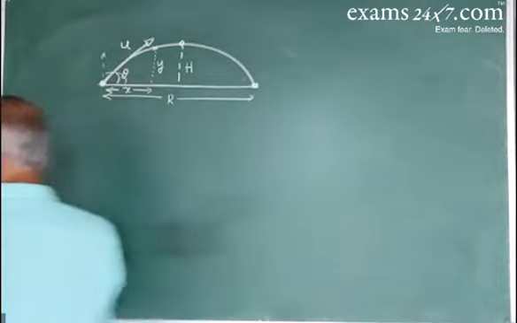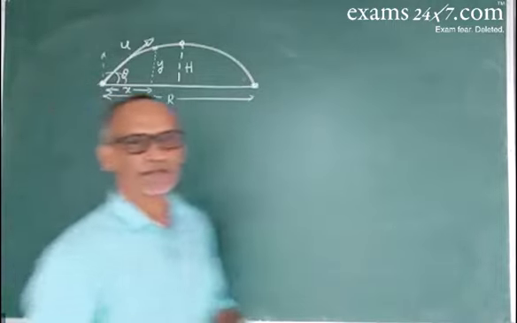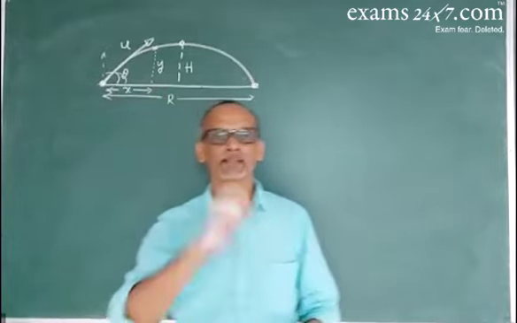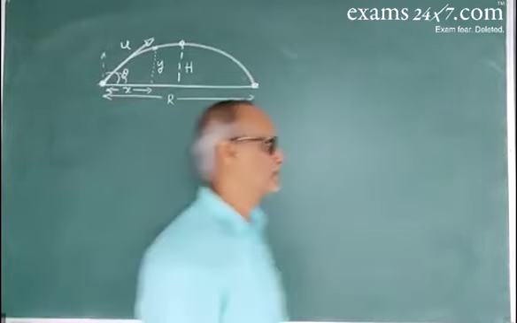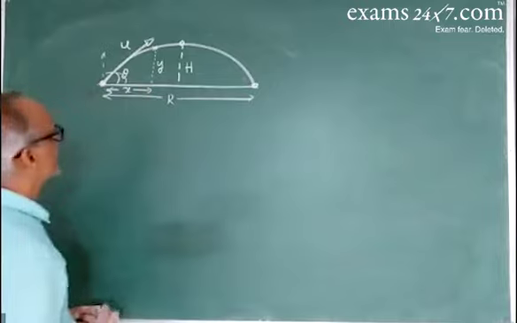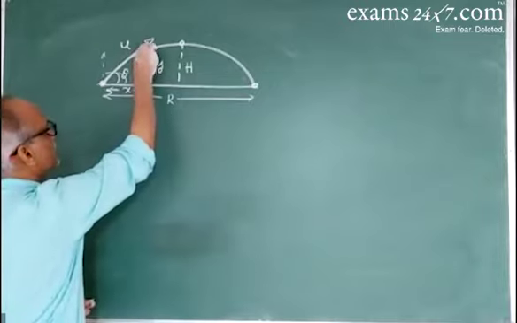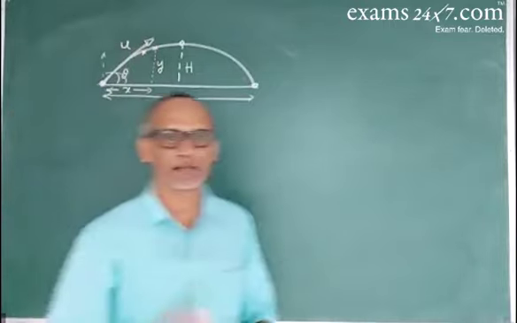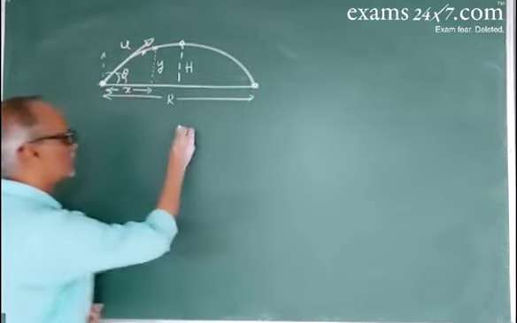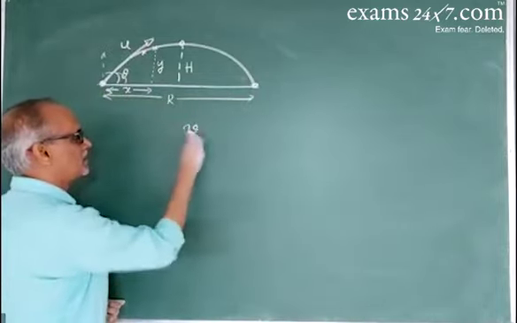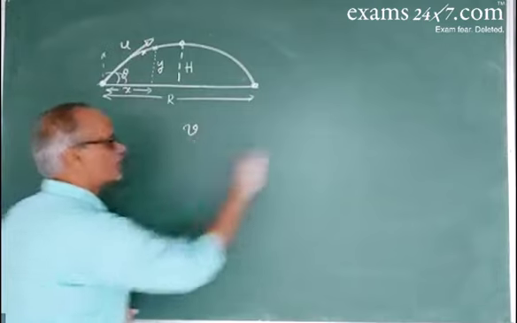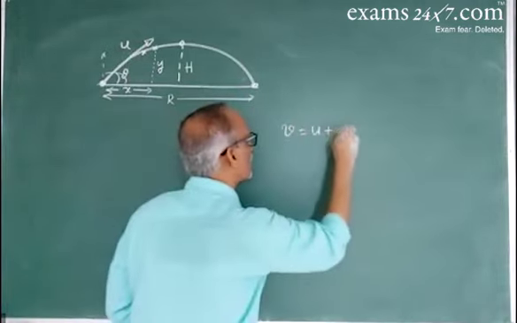So in projectile motion, how to find the velocity of the projectile at any instant of time, the instantaneous velocity? At a particular instant, I want to find the velocity of the projectile at a given time. So our job is to first find the velocity along the vertical. I'm going to use the relation v is equal to u plus at.